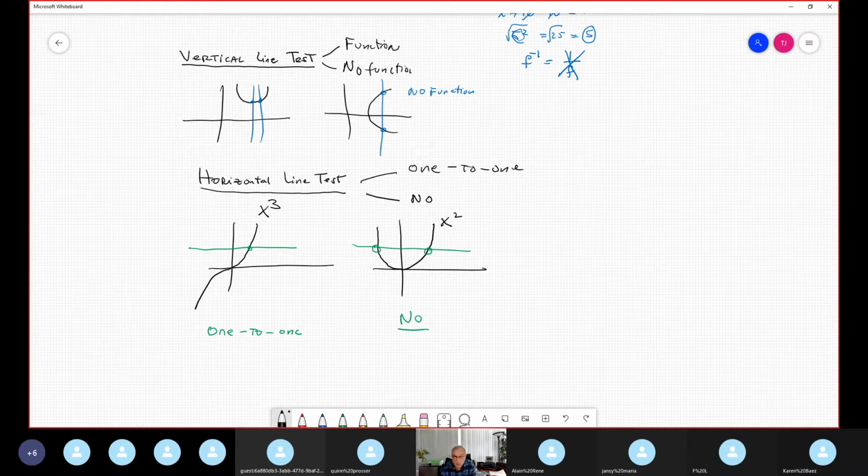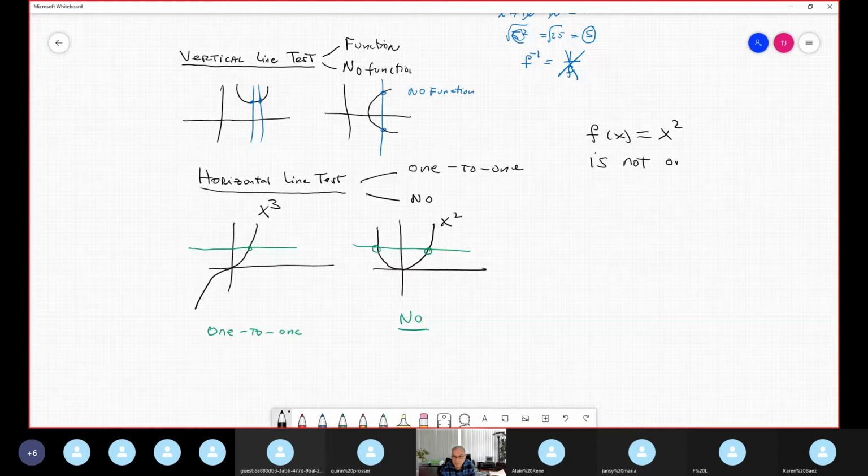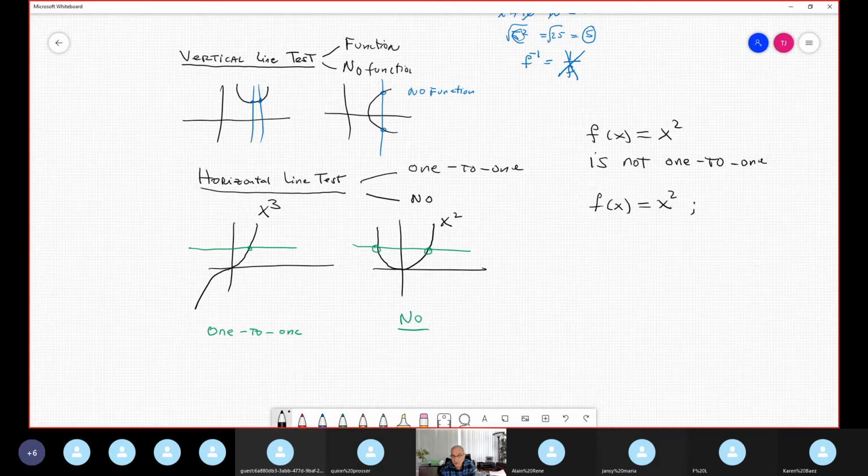Look. For sure, the function f of x equals x squared is not 1 to 1. However, if you introduce some restriction, you put here a semicolon, and you put the restriction here, x greater than or equal to 0.